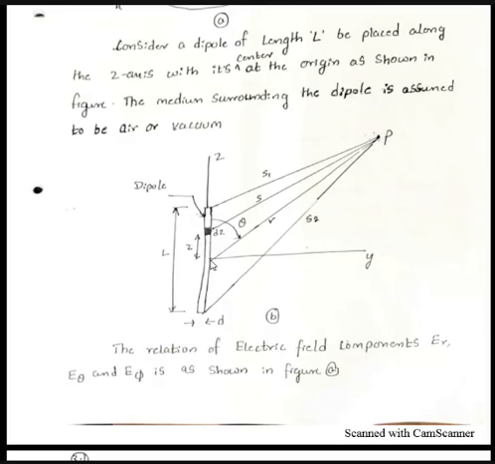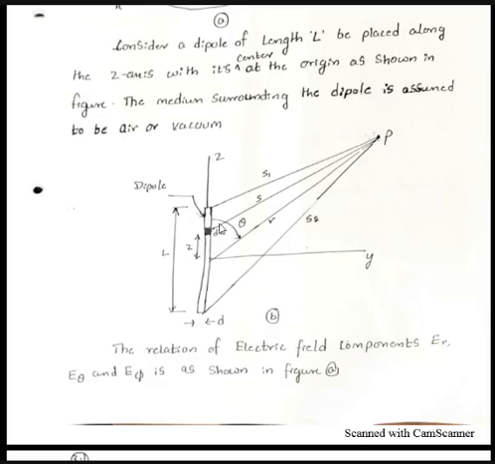There is a point P in the far field, and from this point P we are trying to get the electric field due to this short length dz. From the ends of this dipole, S1 and S2 are the distances we can consider.